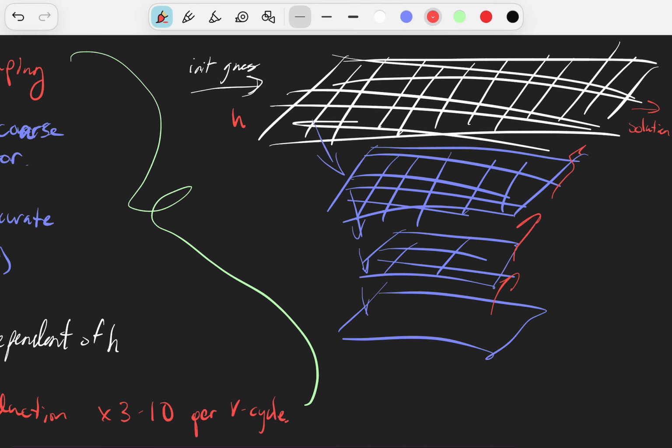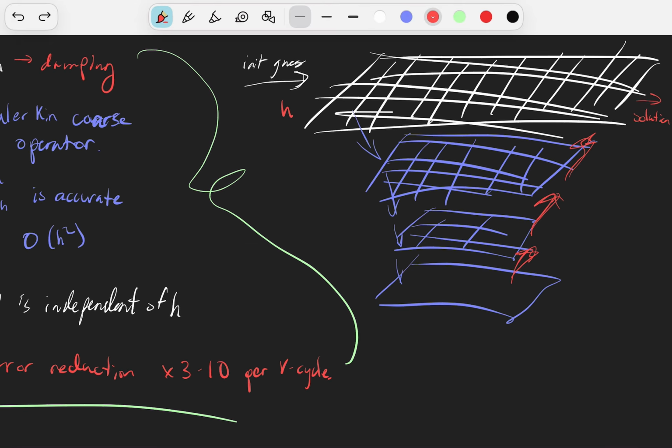Essentially you damp the high frequency with smoothing, then go here and damp the medium frequency with smoothing, and then do the low frequency solve, and this is an exact solution. Then you prolong, smooth, prolong, error correction, prolong, error correction, solution.